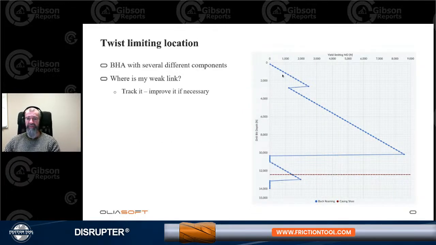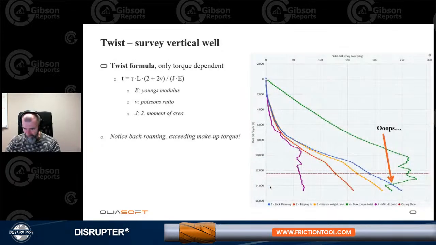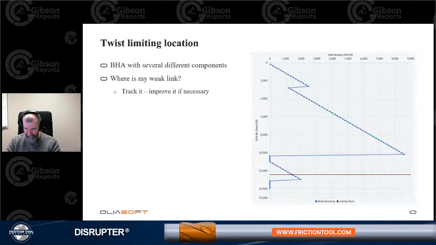So if we look at this yield limiting plot, it basically shows us the limit in measured depth when the bit is at a different depth. So if you want to see where we have the limit, we need to find this 13,500, which is close to here, wasn't it? Look again, yes.